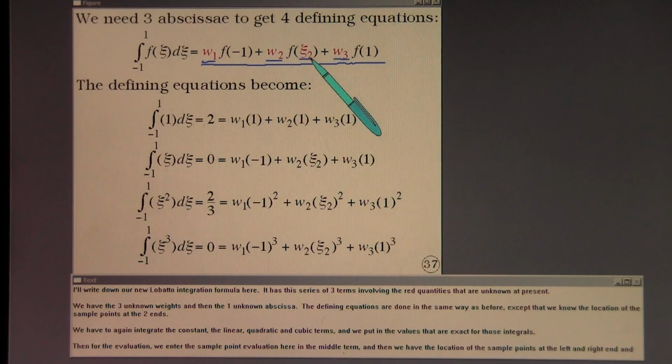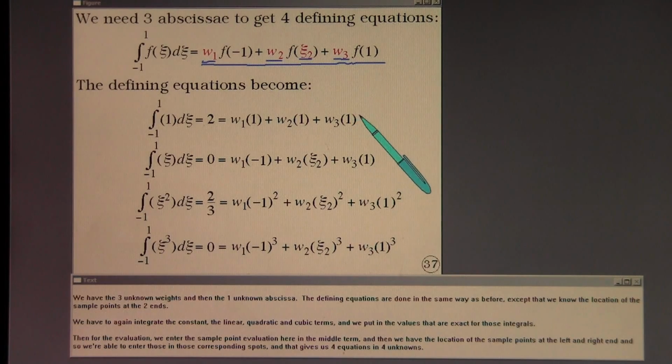The defining equations are done in the same way as before, except that we know the location of the sample points at the 2 ends. We have to again integrate the constant, the linear, quadratic, and cubic terms, and we put in the values that are exact for those integrals.